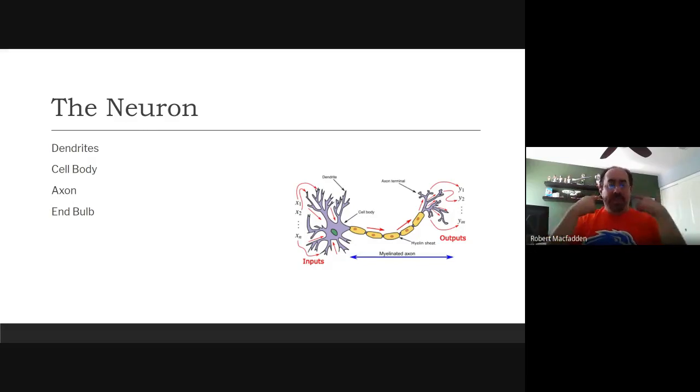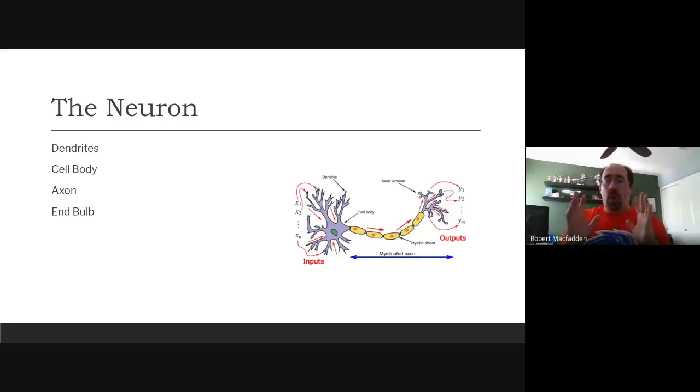That impulse is being sent up to your brain. It's being processed, and it gives you the sensation of sight. But the neuron is the building block of all of that. And your brain is made up of billions, if not trillions of neurons, all interconnected with one another.